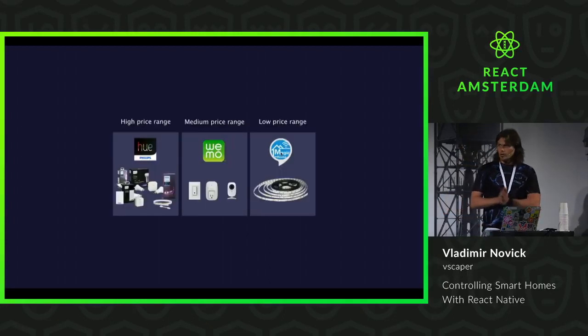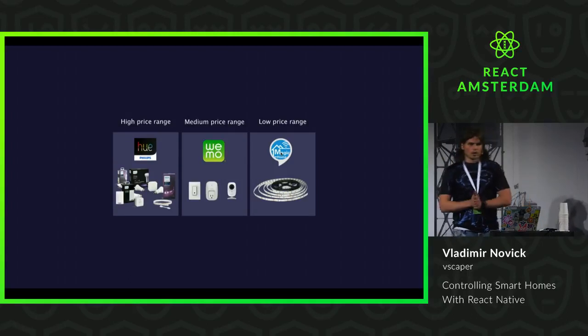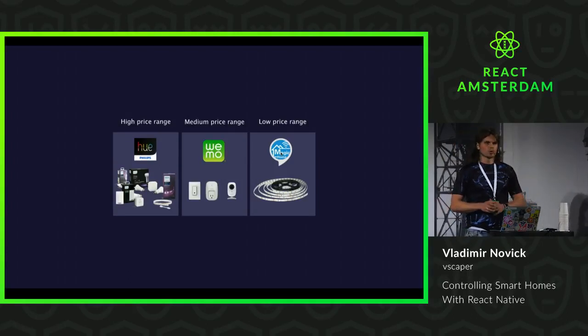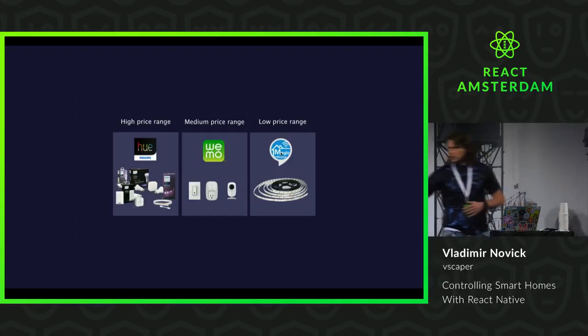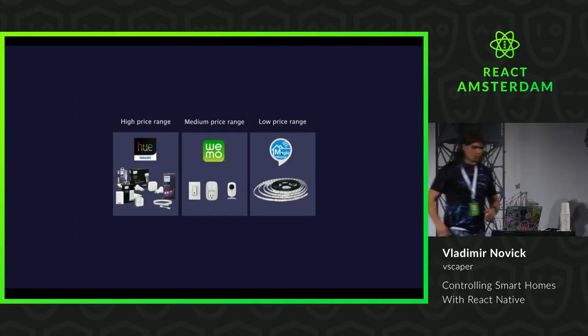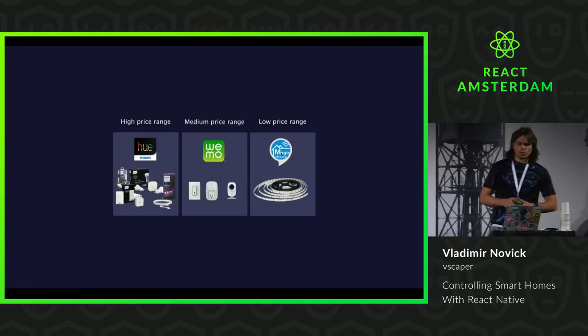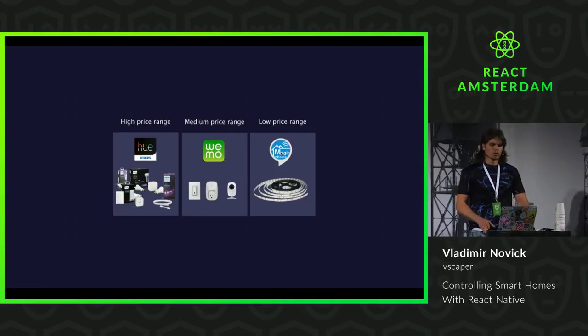So let's take a look at three steps, I would call them. The high price range, which is Philips Hue lights. These are this kind of light bulbs and bridges. We'll talk in a bit about architecture, how it works. There's Wemo, which is kind of mid-range. And there's a bunch of LED strips for $7, $5 on eBay, on Amazon.